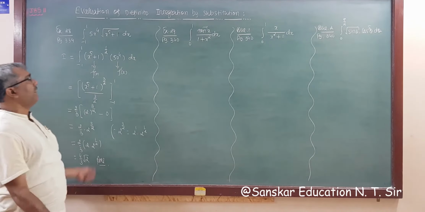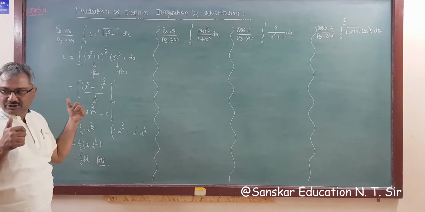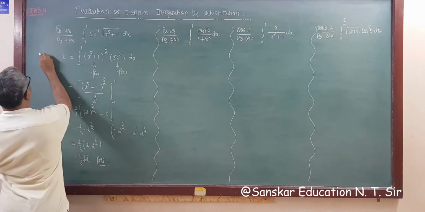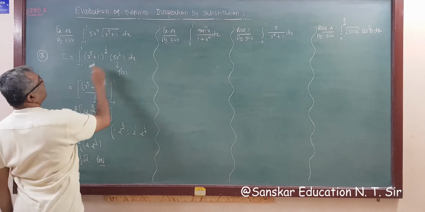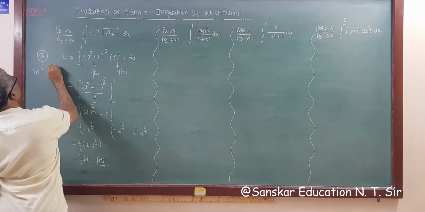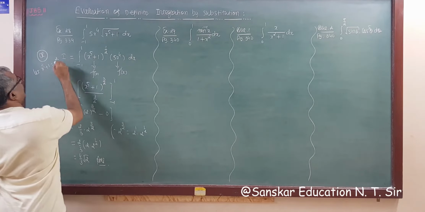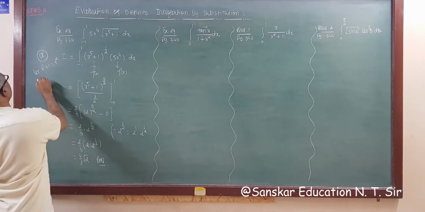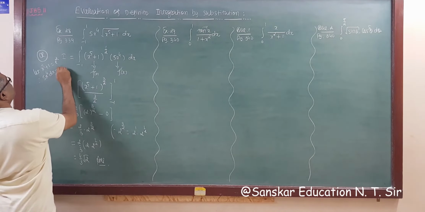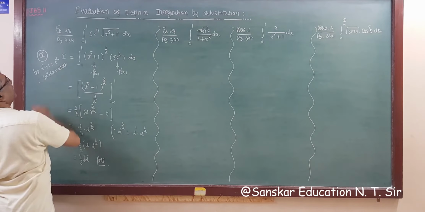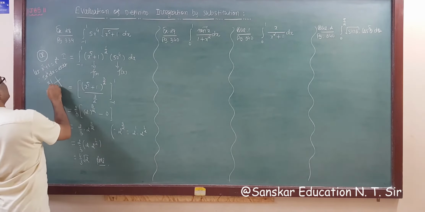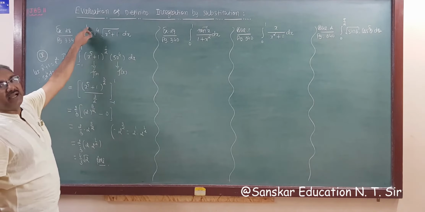Got it? Now if you want to assume a substitution, then assume this: let x raised to 5 plus 1 is equal to t square. The derivative of this gives 5x raised to 4 dx is twice t dt. You have to change the limit also. For x, the old limit is minus 1 to 1.